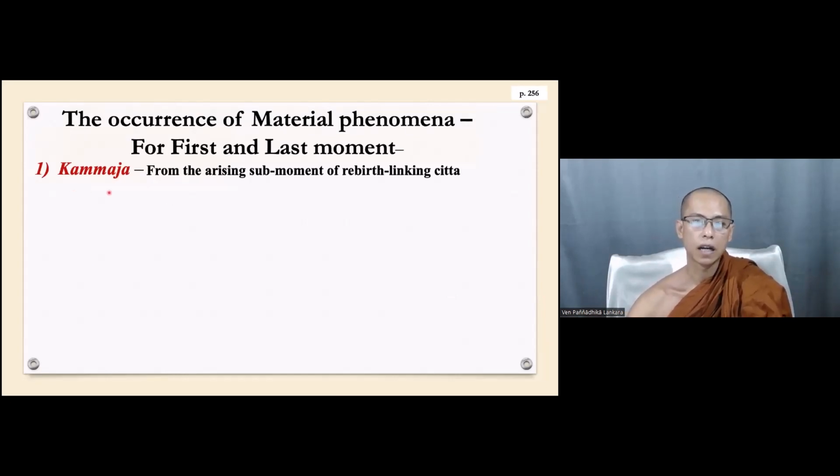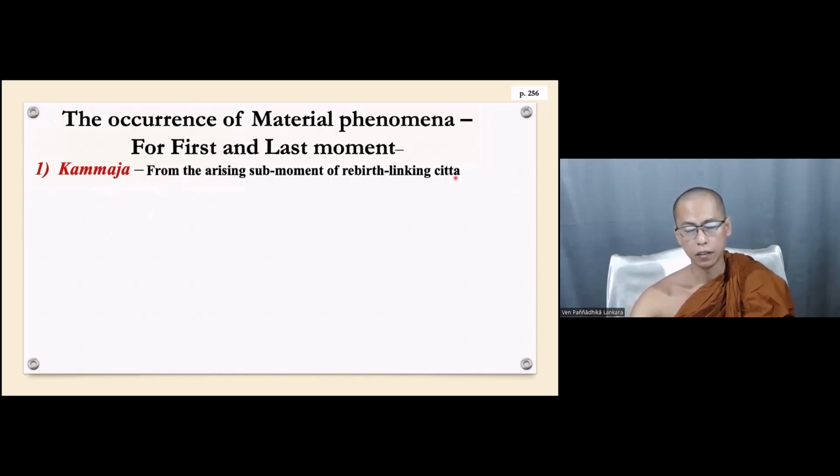So the kammaja rupa or kammaja kalapa, the material cluster born of kamma, and in another way we can say the material phenomena produced by kamma, they are the same. They arise from the arising sub-moment of the rebirth linking citta.